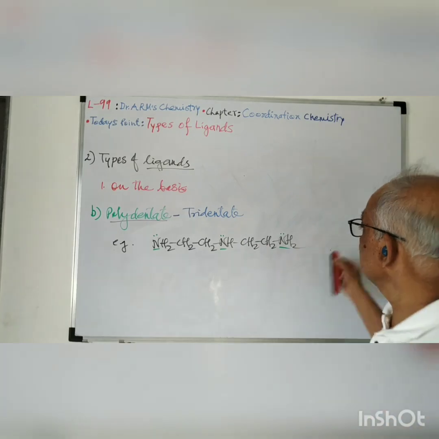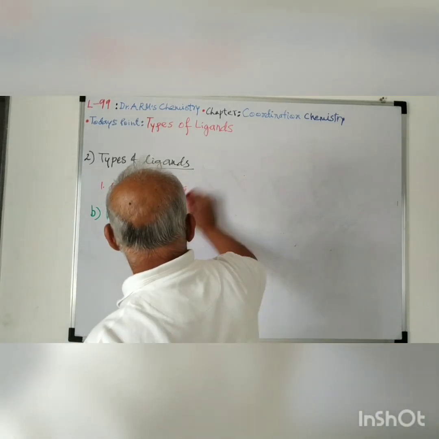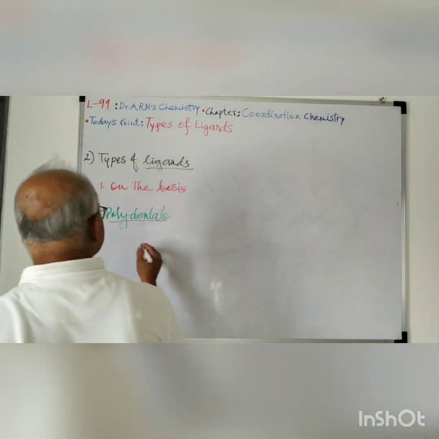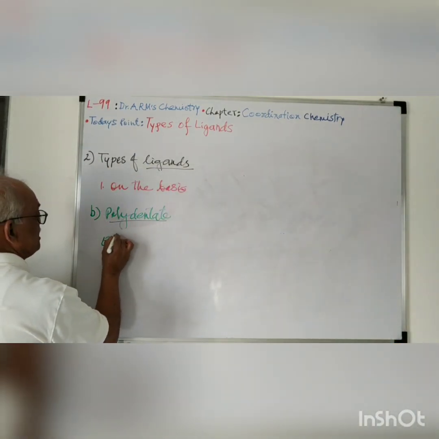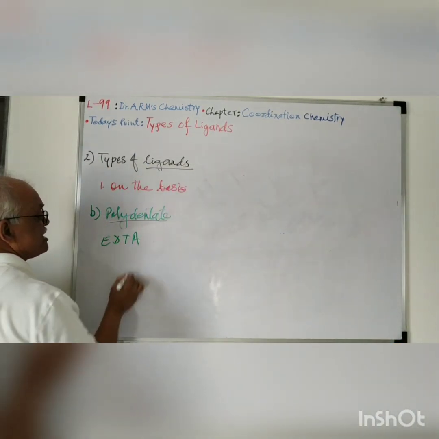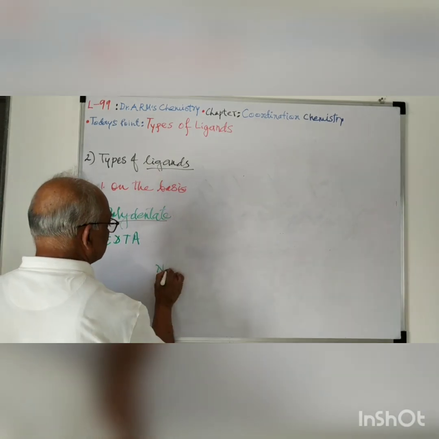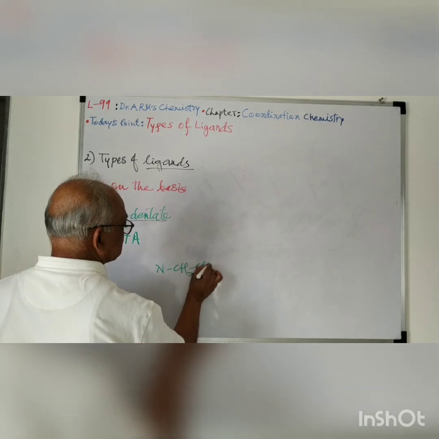Now if we take the example of a hexadentate ligand, that is EDTA, ethylene diamine tetraacetic acid, we can have the structure like this.